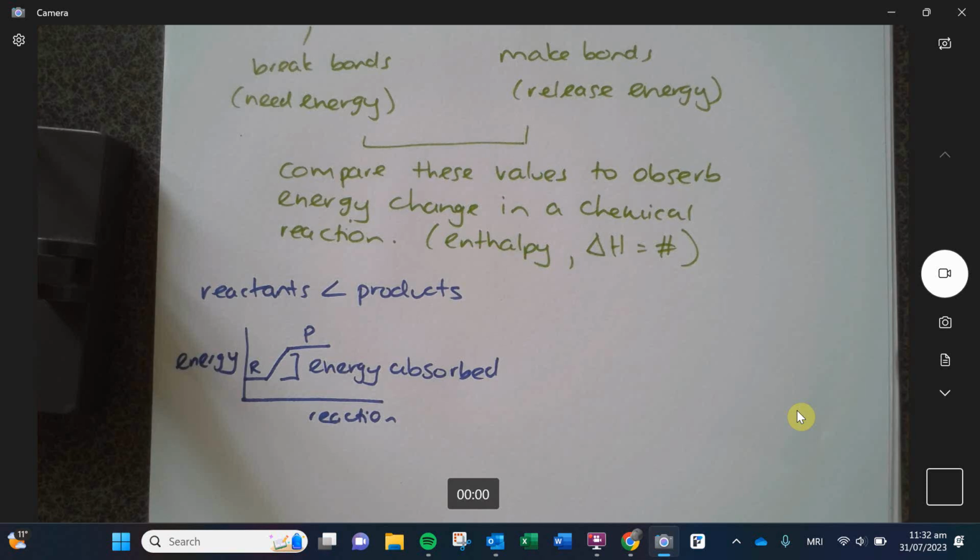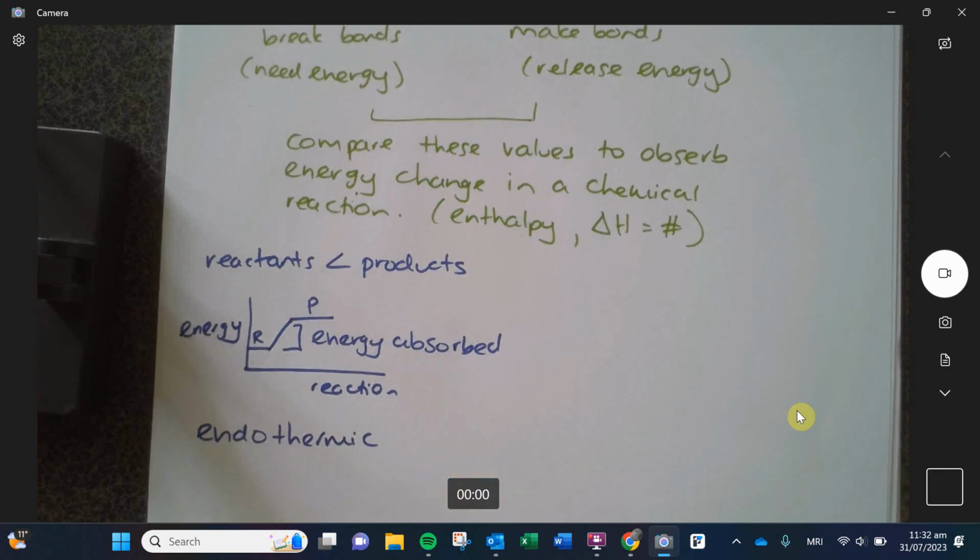Now, what we call this type of reaction is an endothermic reaction. And this, if we were touching the test tube, would feel cold. For example, have you ever had one of those ice packs where you snap something and then it's cold? That is an endothermic reaction.